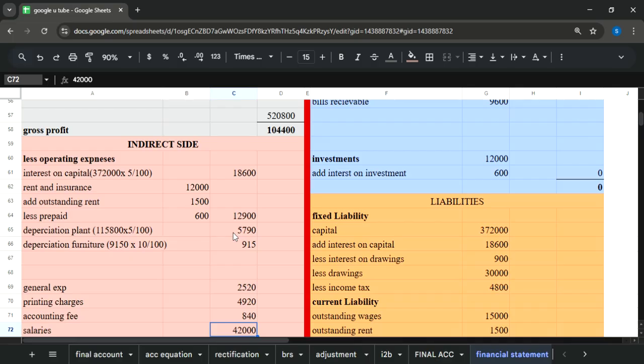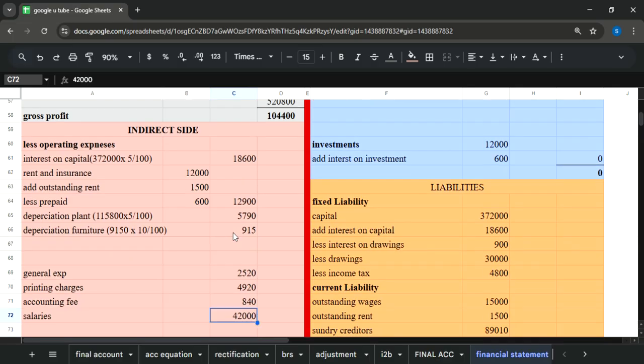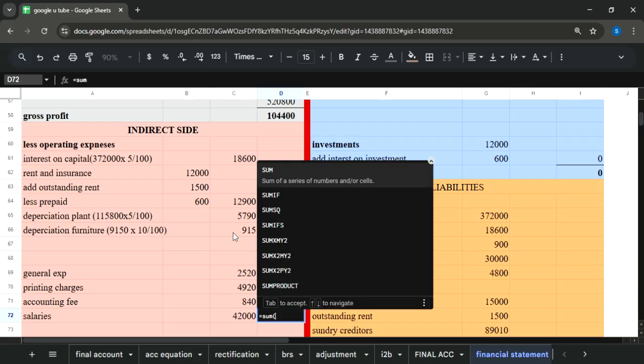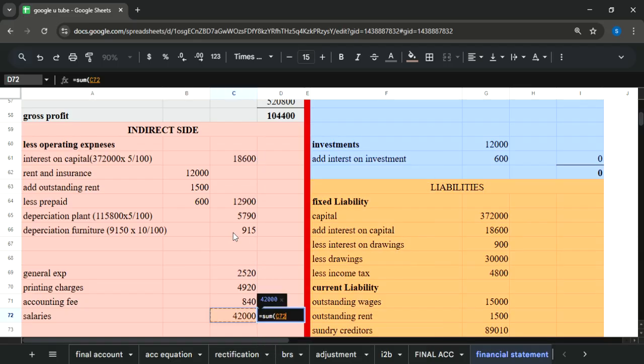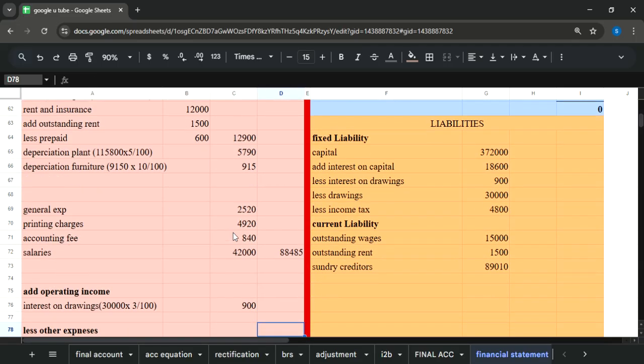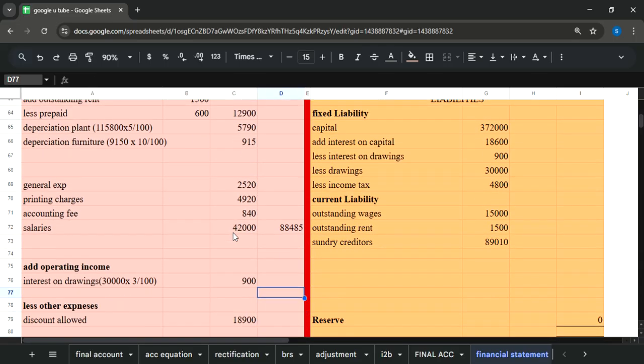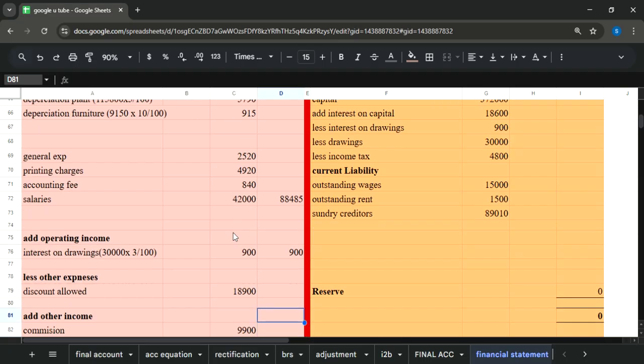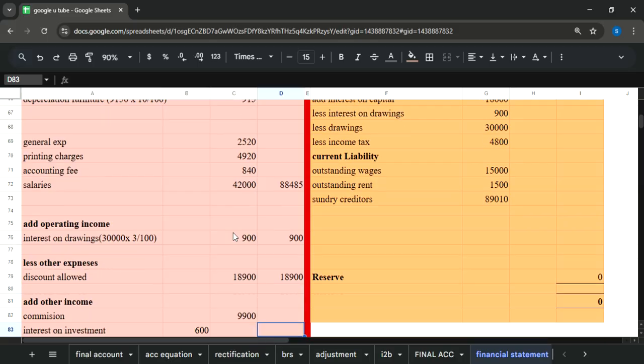In this way, I think the sum of all operating expenses is ready to be calculated, and here operating expenses are ready. Next you will see operating income. There is only one, so you will write 900. Next, discount allowed, the only other expense, so you may mention 18,900.